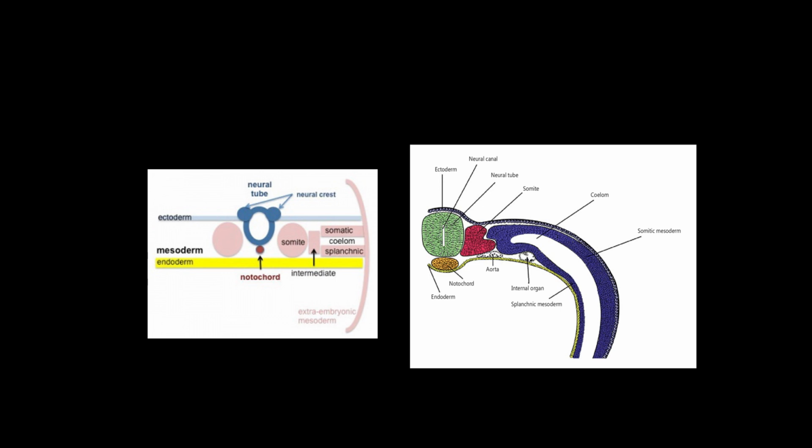The cells in the lateral plate mesoderm split, forming a space which is known as the coelom, and the top layer, which is the somatic layer, goes on to form the parietal peritoneum, while the splanchnic layer goes to form the visceral peritoneum.